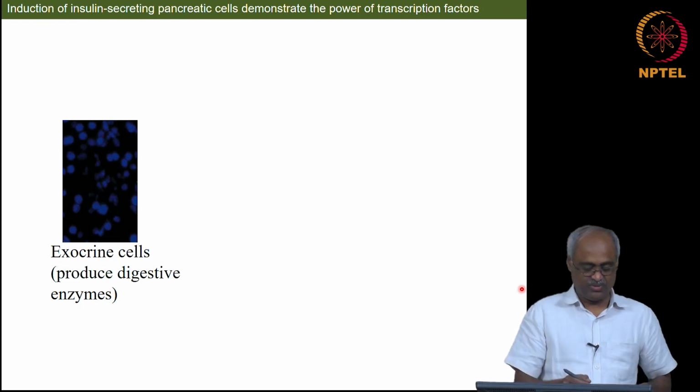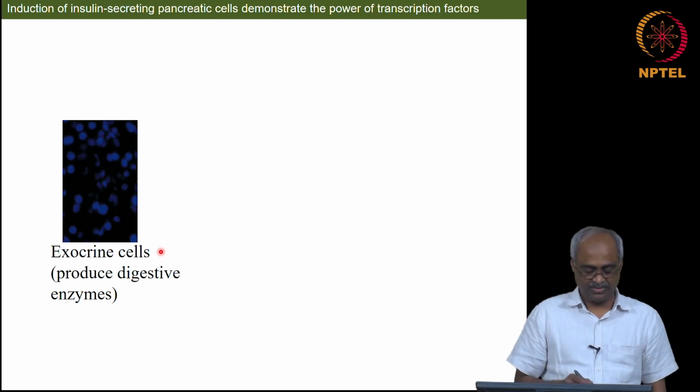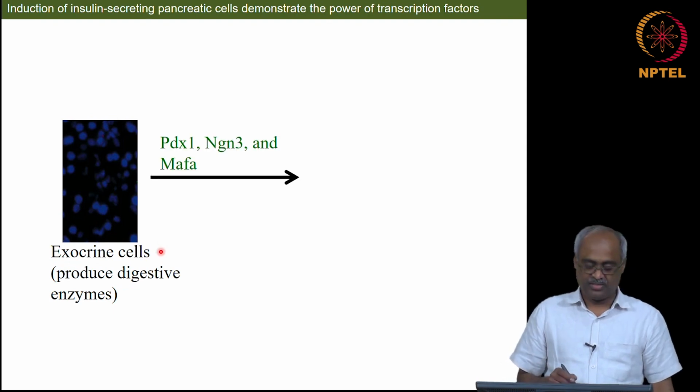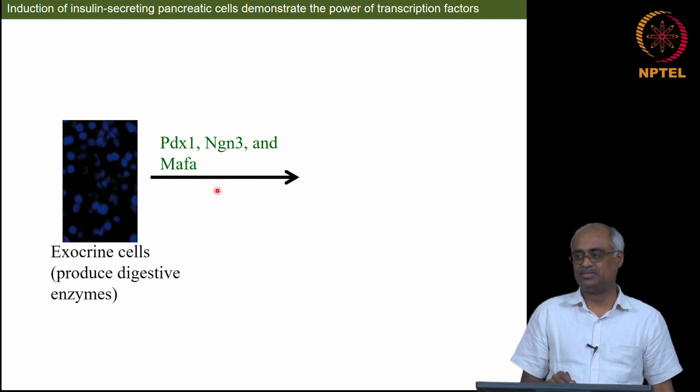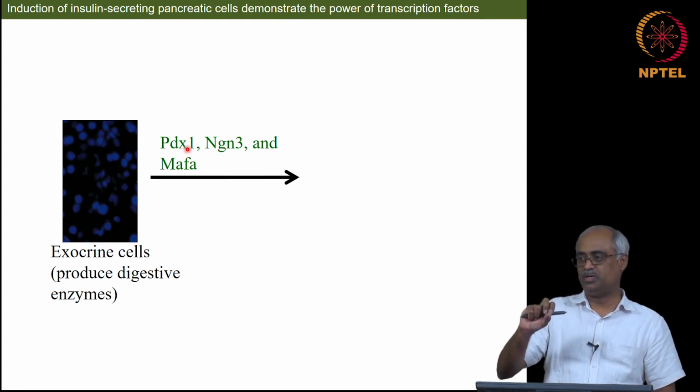So, here this blue is simply showing the presence of DNA in the nuclei. Okay. Now, you express 3 different transcription factors in this. Okay, PDX1. This is expressed in the pancreatic lineage starting from the cells that were originally required for the intestinal tube formation.